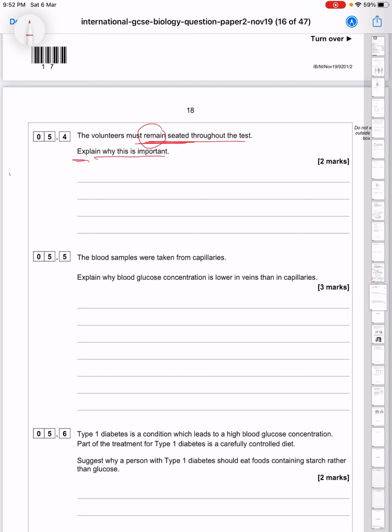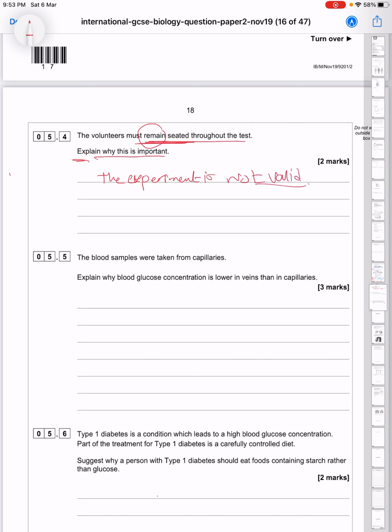Because if this volunteer is moving, obviously he will need to use more and more glucose in aerobic respiration to provide him with energy, which will make this test not really valid, right? Because I need to measure the amount of glucose in the blood in a fair way. So if this person is moving, the experiment is not valid.